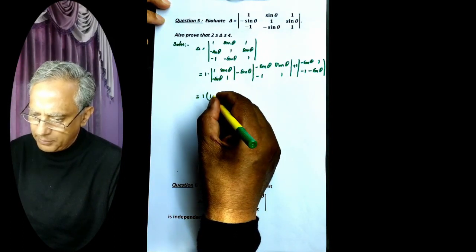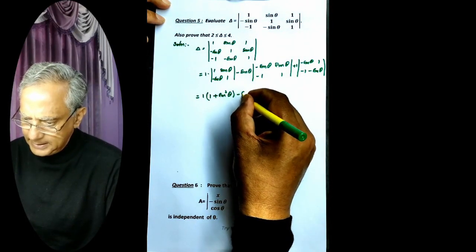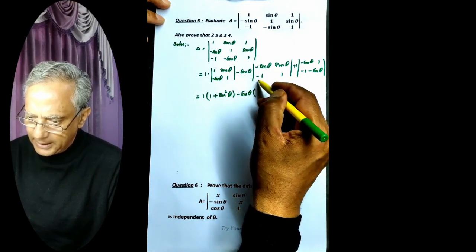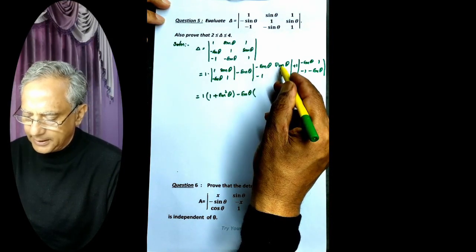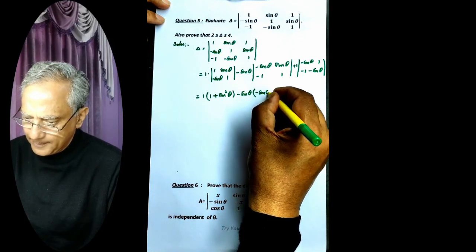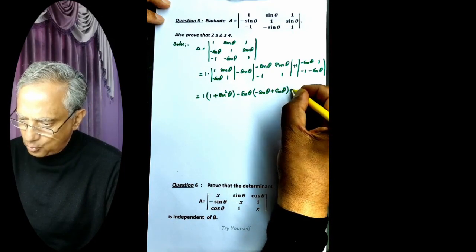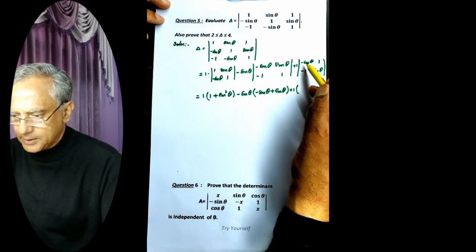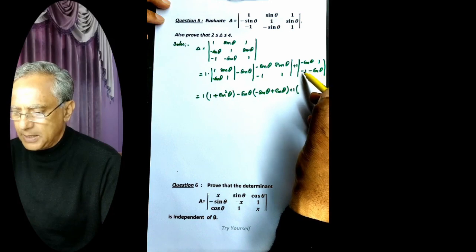So this is 1 plus sine square theta, minus sine theta into this into this minus this into this, which is minus sine theta minus minus, plus sine theta, plus 1 into, now this into this is sine square theta minus this into this is minus minus plus 1.